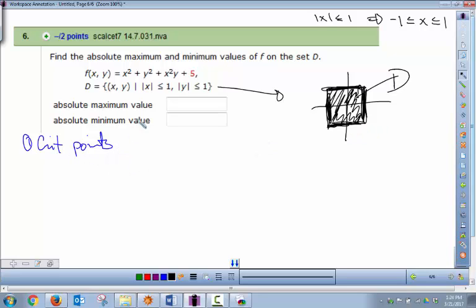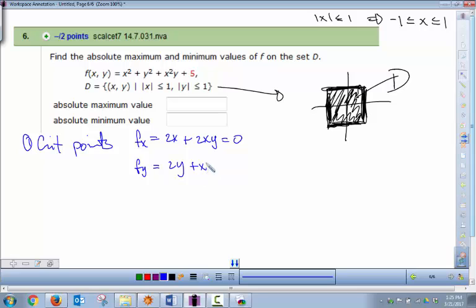All right, so let's find the critical points. We need fx and fy, and we need to set both of them equal to 0. So fx is 2x plus 2xy, set equal to 0. Fy is 2y plus x squared, equal to 0.